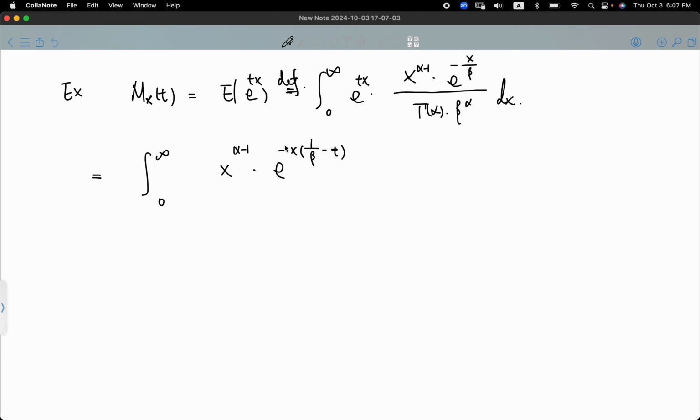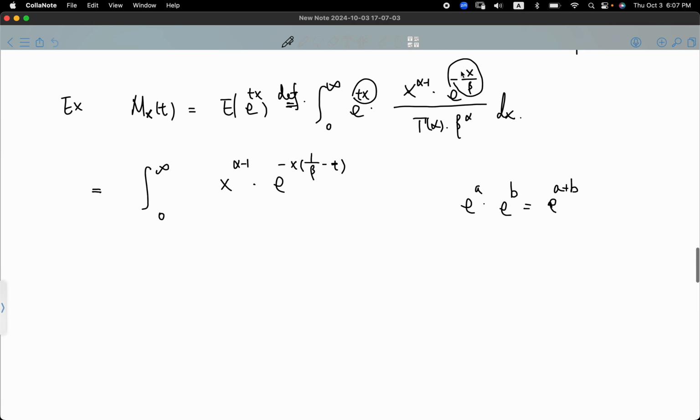Do you agree with that in the exponent? What I'm doing is that e of a multiplied by e of b is equal to e of a plus b. So I'm going to use this as my a and this as my b, and then I'm grouping them together. I bring the negative sign outside. They all share an x, so I bring it outside the parenthesis.